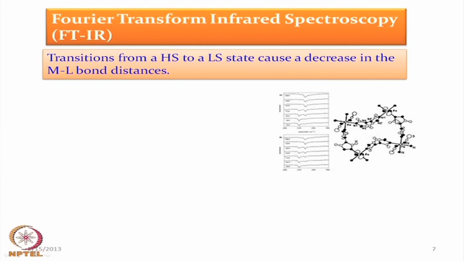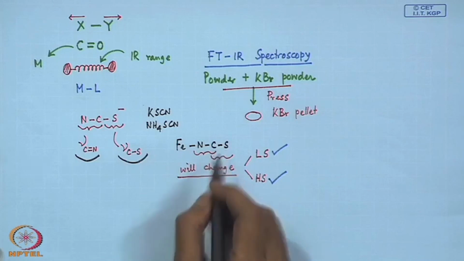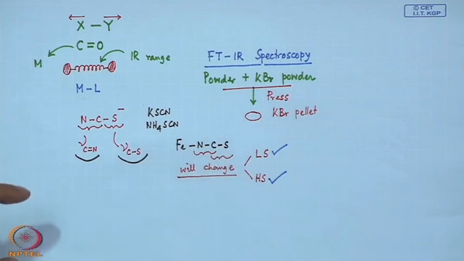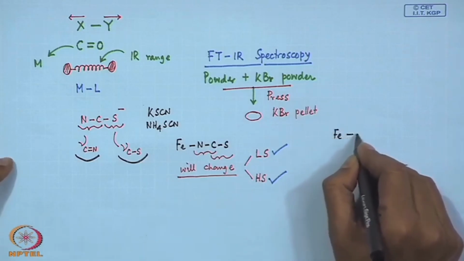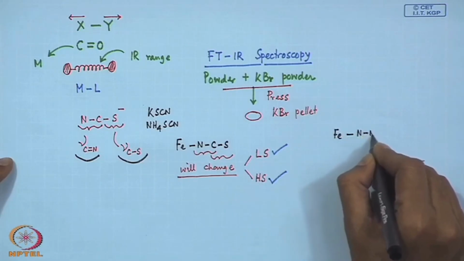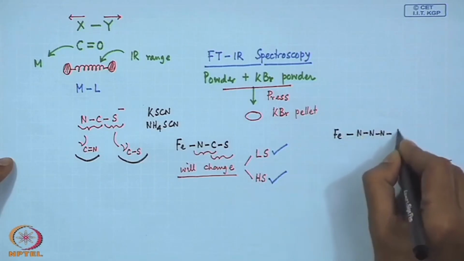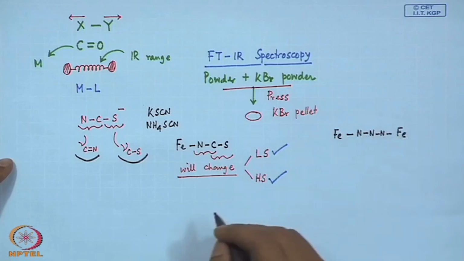So, how do we get these things? This is a very simple practice where we have iron thiocyanate groups. If we can go from iron thiocyanate to some iron azide function, azide is a nitrogen triple bonded system which can reach the second iron center.